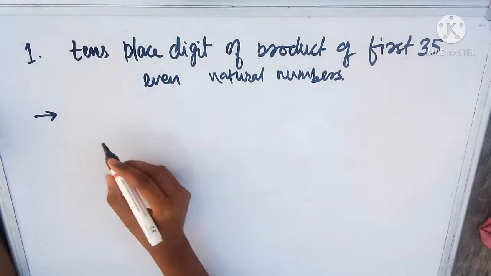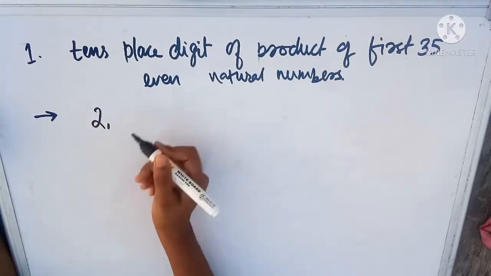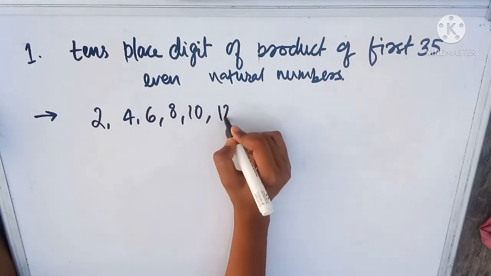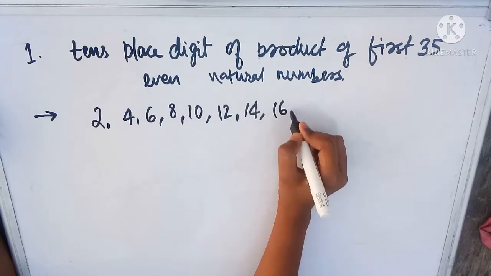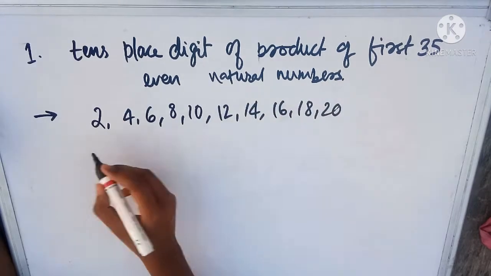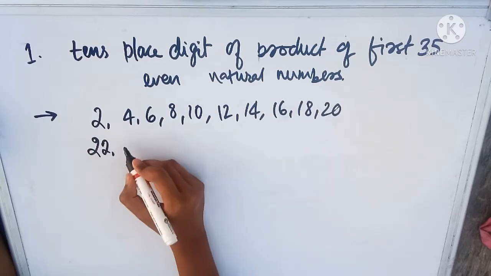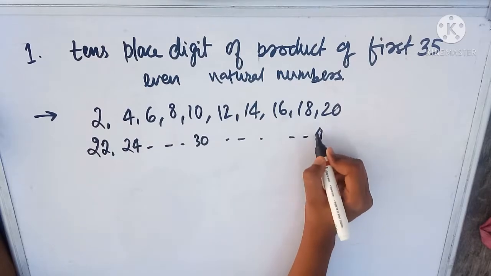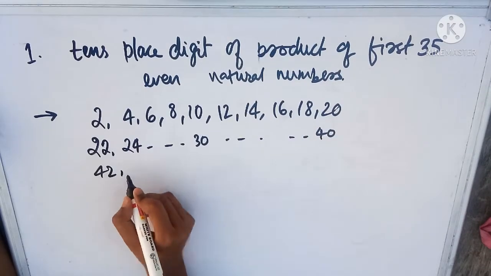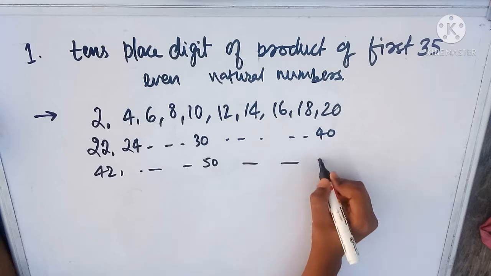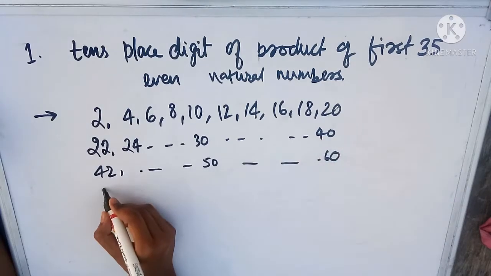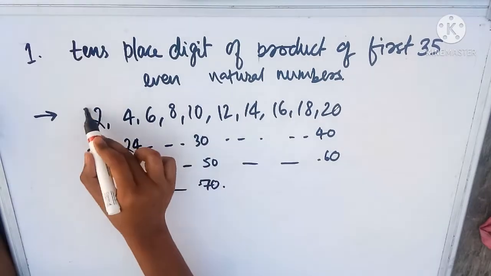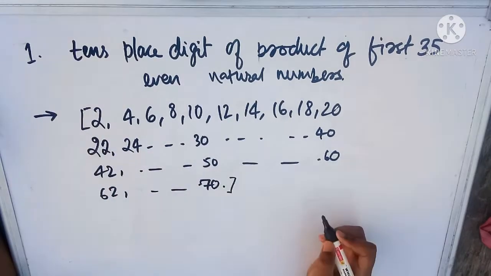First of all we will write all the even natural numbers starting from 2, 4, 6, 8, 10, 12, 14, 16, 18, 20, 22, 24, 30, 40, 42, 50, 60, 62, 70. So these are all the first 35 even natural numbers.